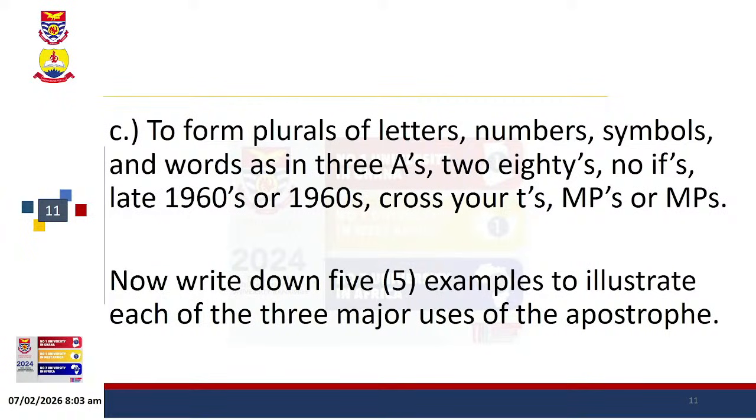We are going to the third use of the apostrophe marker. Okay? We use it to form the plurals of letters, numbers, symbols, and words, as in she had 3 A's, 2 80's, or no ifs, late 1960's, or late 1960s without the apostrophe.